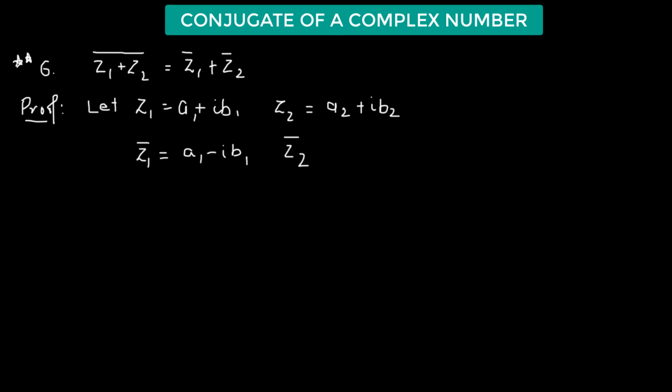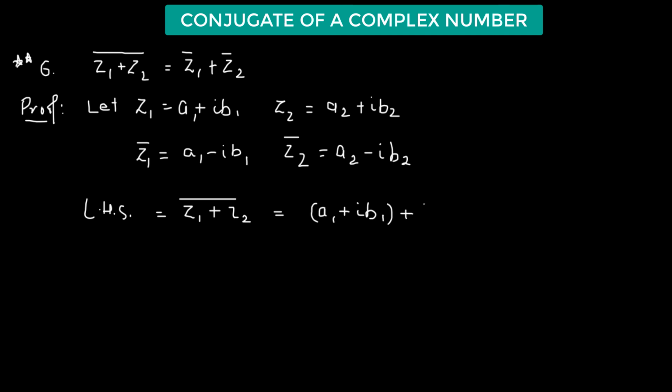Similarly, the conjugate of complex number z2 will be a2 minus i times b2. Now we start with the left hand side, which is z1 plus z2 and its conjugate. So let's add z1: we have a1 plus i times b1 added to a2 plus i times b2.